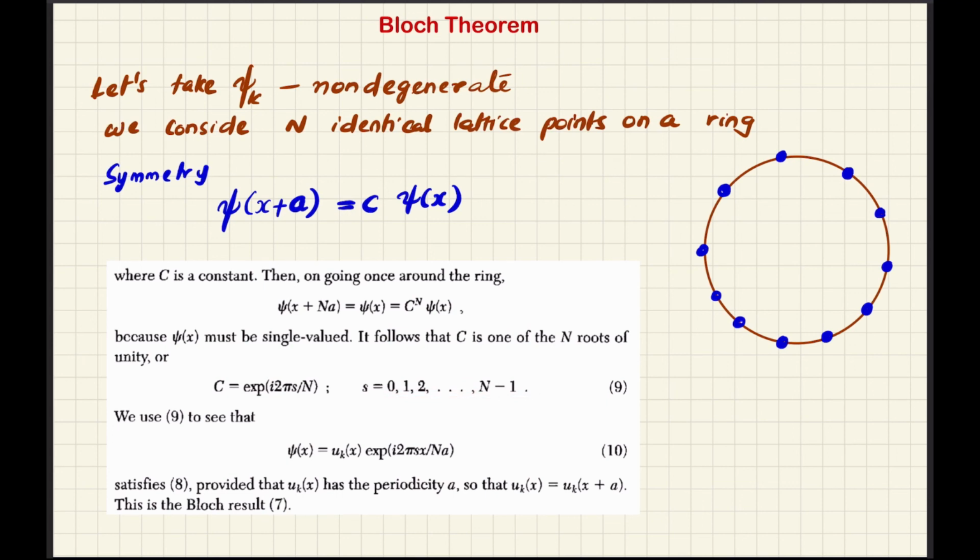Then psi of x can be written as u_k of x times c_N, the Nth root of unity, which is given by this expression.